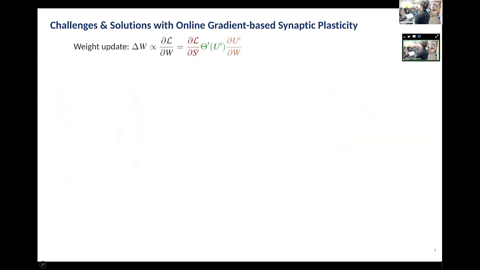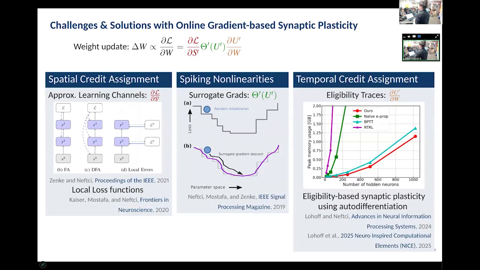So, in the implementation of these, I'll quickly go a little bit on the side of motivating why synaptic plasticity, and later why self-attention, is relevant here. There are some challenges in building these synaptic plasticity rules, and some of them are listed here. One is the spatial credit assignment.